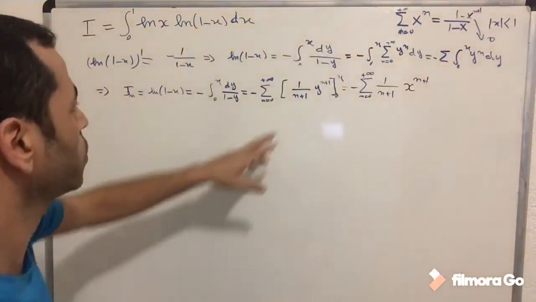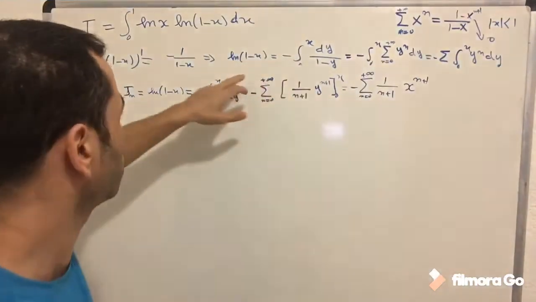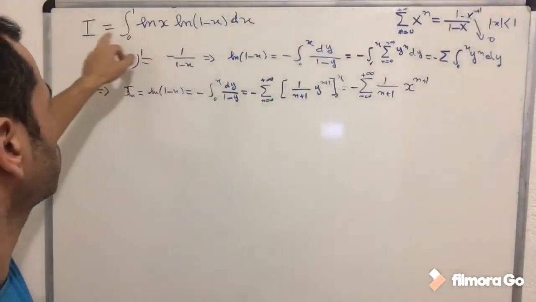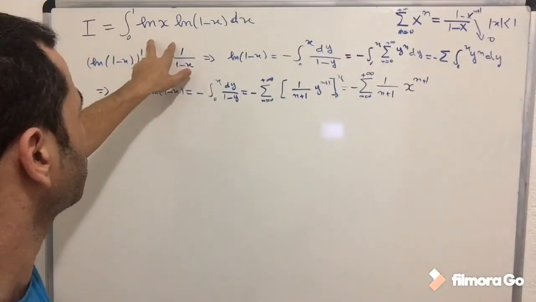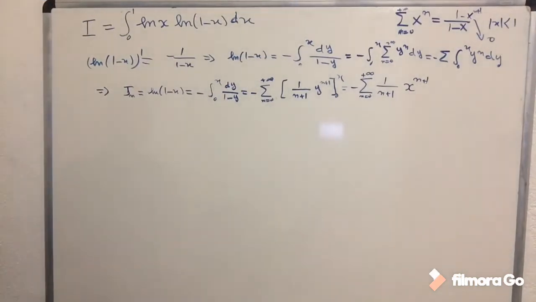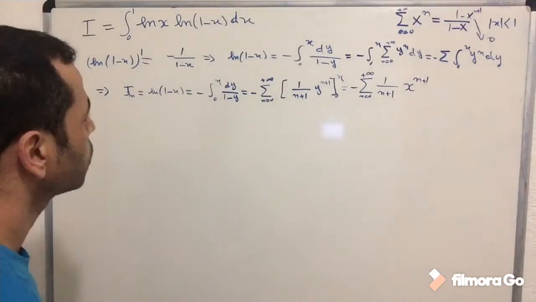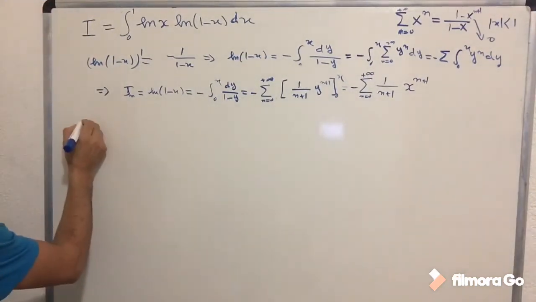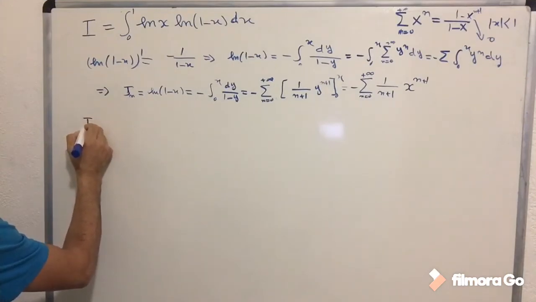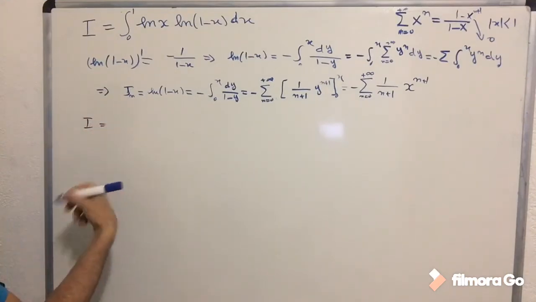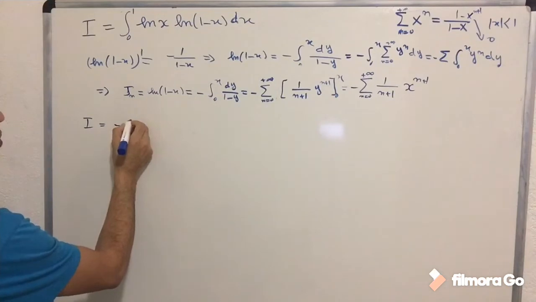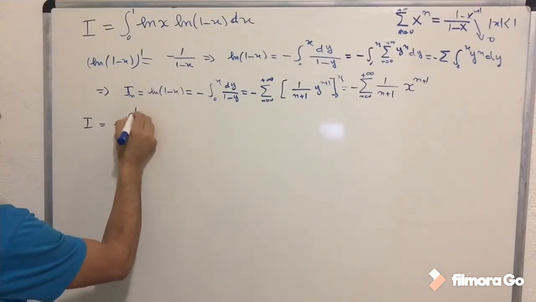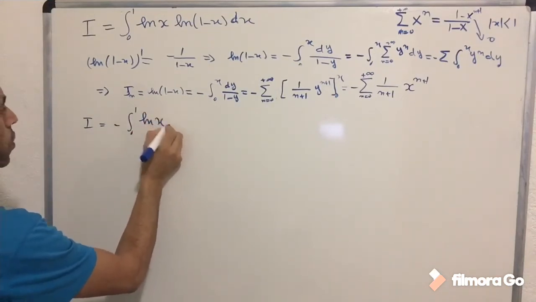As you see here, now we will plug this into the original integral and see what happens. Our integral I equals minus the integral from 0 to 1 of natural log x.